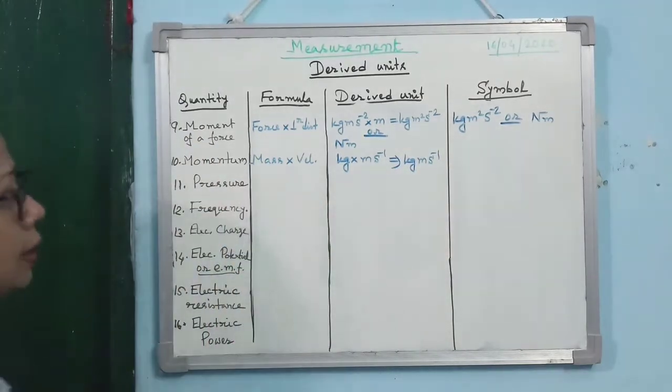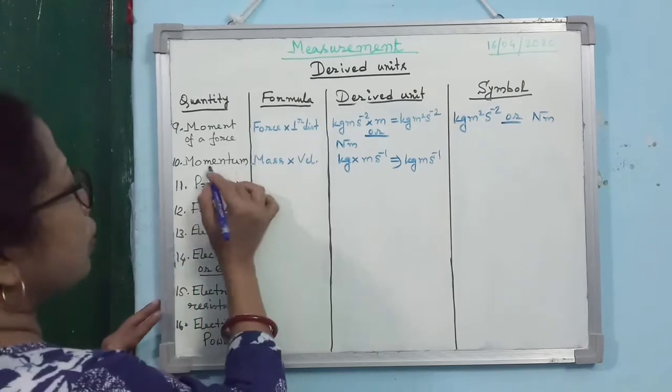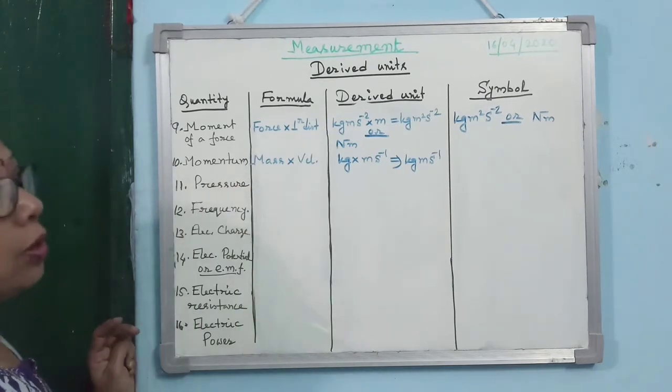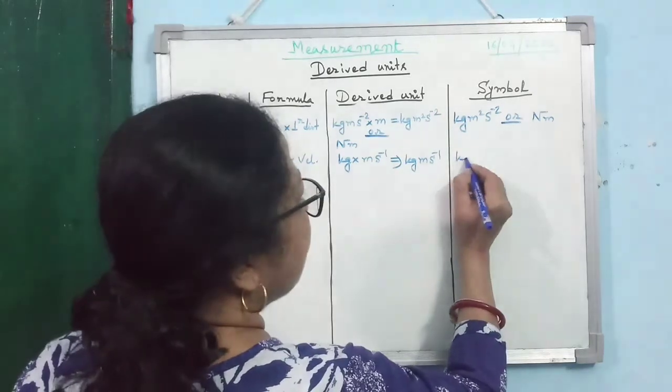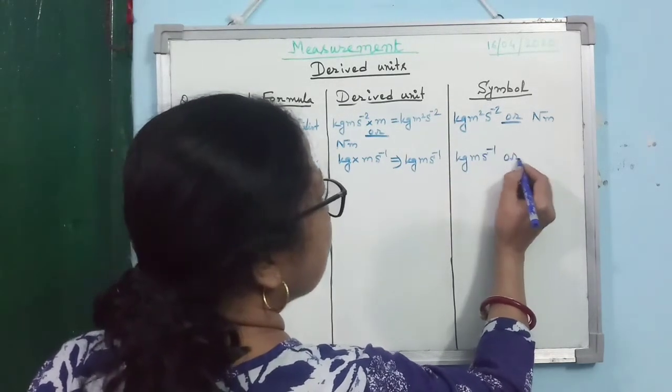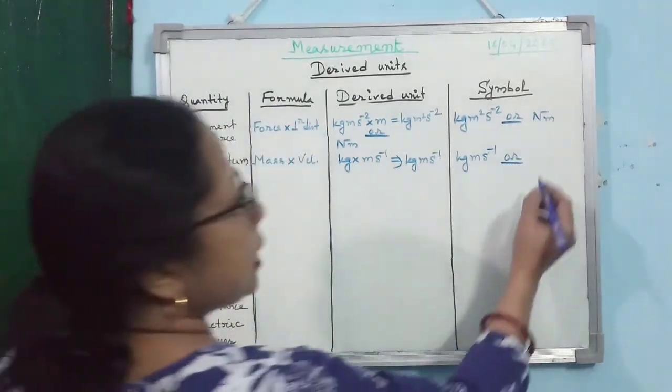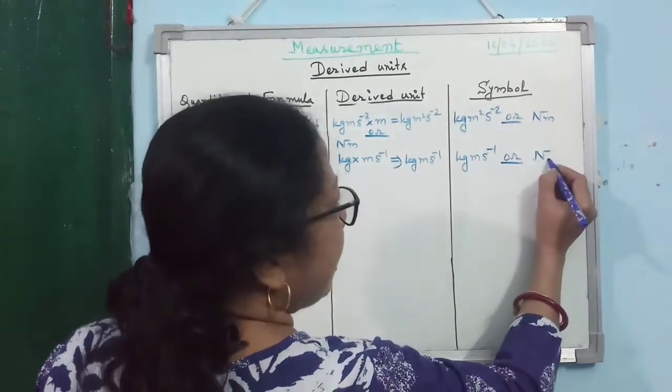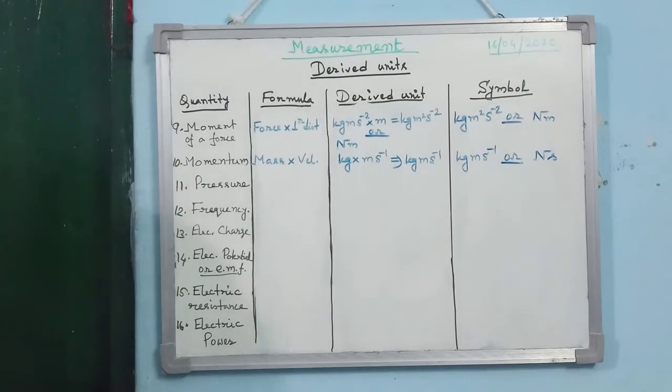Now there is another formula for momentum. Okay. Momentum you can write it as force into time also. So that's why you are getting kg meter s to the power minus 1, and if you consider force into time, SI unit of force is Newton and SI unit of time is second. So you can write it as Newton second also.